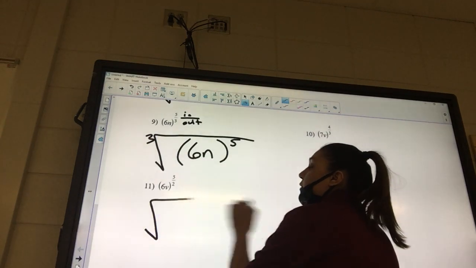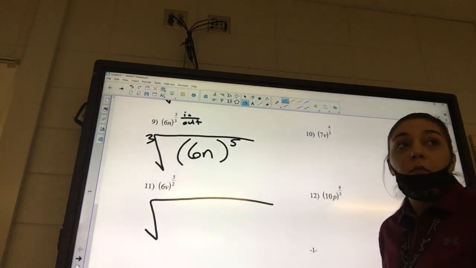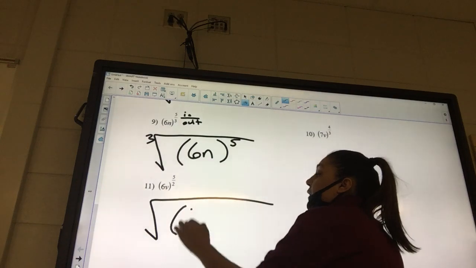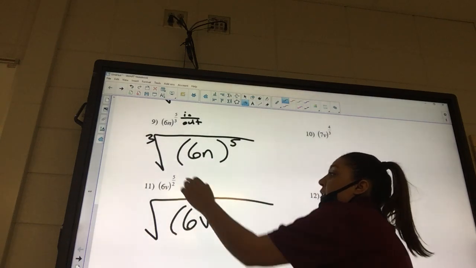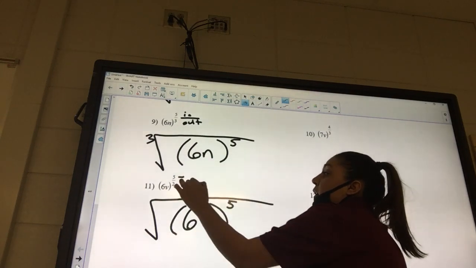Okay, we draw our house. The back is not the same, so I'm already knowing. 6B, and we say inside, outside.